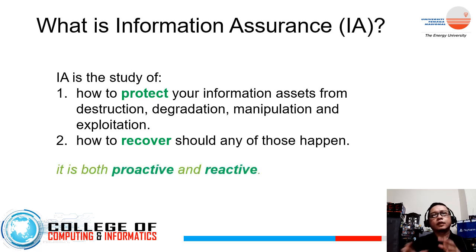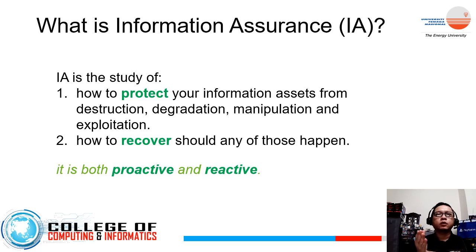So here, you need to remember that IA is both a proactive and a reactive process. Proactive means that you do the estimation and prediction first. You properly plan. Okay, you have these sets of assets. What harm could come to them? Usually you have to have a good team with you to plan. Okay, these are the assets that you have.